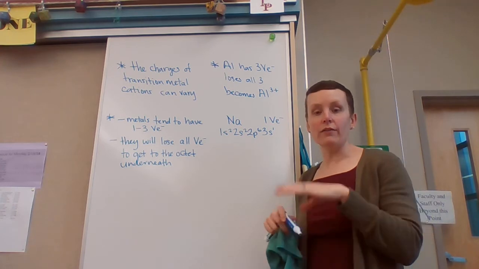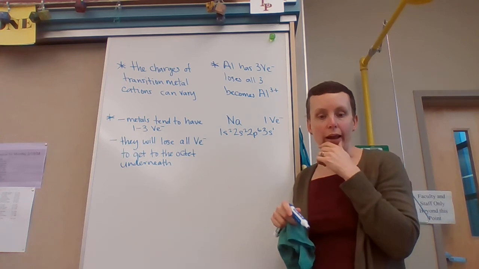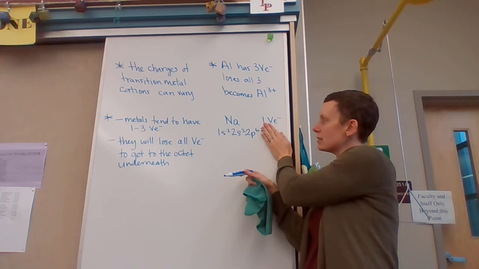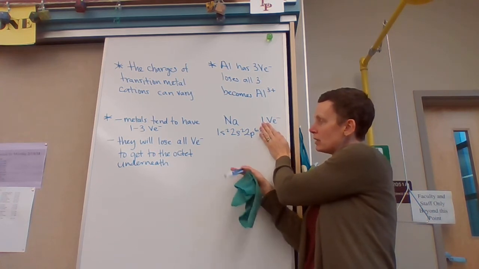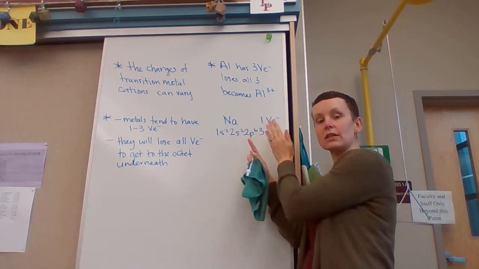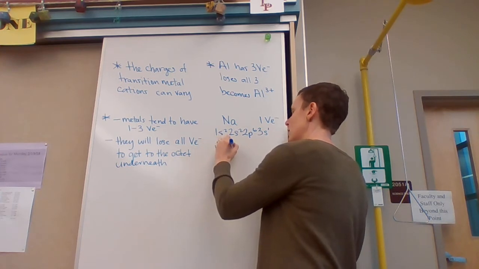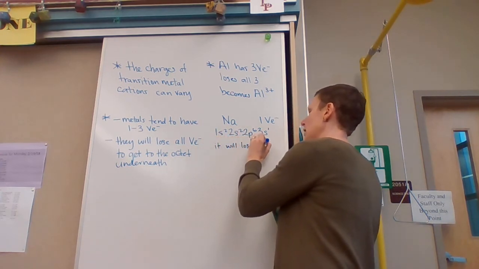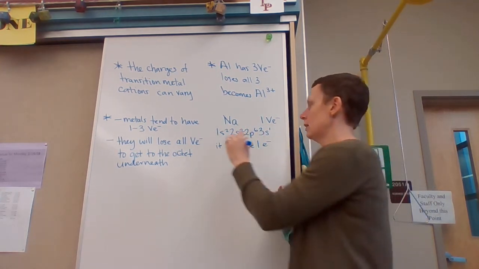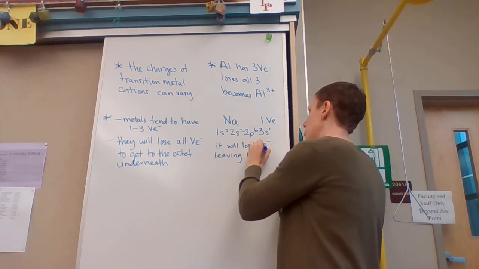Now, I've just told you they're going to lose all of their valence electrons, so we're going to show you why. When we take away that last valence electron, the entire 3s disappears, and what I'm left with is 2s2, 2p6, that's 8 valence electrons. That's stable. So it will lose 1 electron, leaving Na plus.